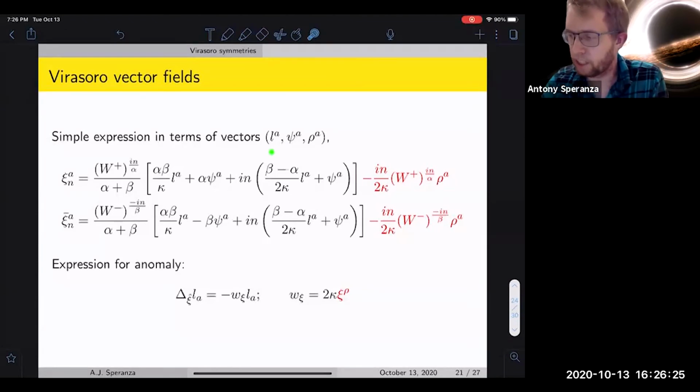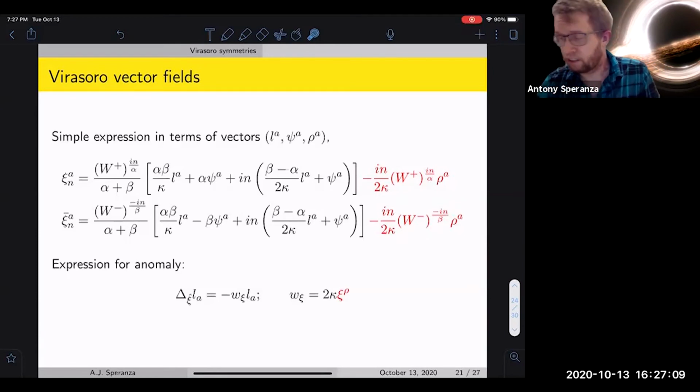The reason is that when you express it in this basis, the component proportional to the dilatation ends up being the thing that determines your anomalies. What we showed in the paper is that it's literally the coefficient right here that determines this WC. That really simplifies things. One of the things that is usually a bit mystifying about these calculations is that you do a lot of work to compute these brackets, and in the end you get something really simple. This way of looking at it shows immediately that it's just this coefficient that's affecting the result.